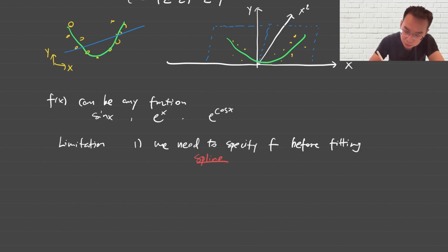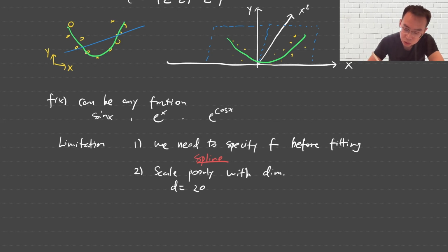The second limitation here is that it doesn't scale very well with dimension. It scales poorly with dimension. Let me give you an example. Let's say that our feature space is 20. We live in 20-dimensional space.